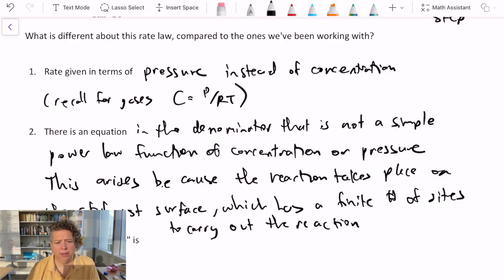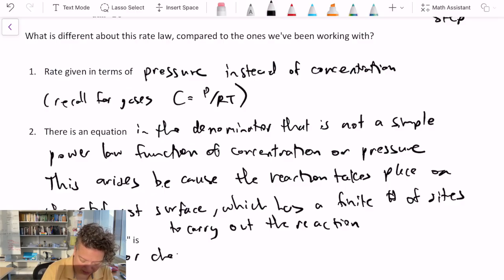When I say a catalyst site, that's going to be a location or a chemical identity on the catalyst where the reaction can take place. And I'll explain what that is in just a second.